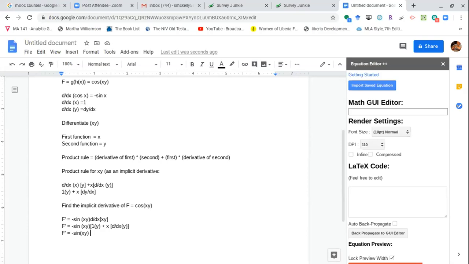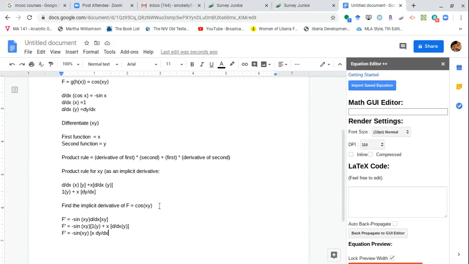So when you work it out, you get negative sine of xy times x dy dx plus y, right?